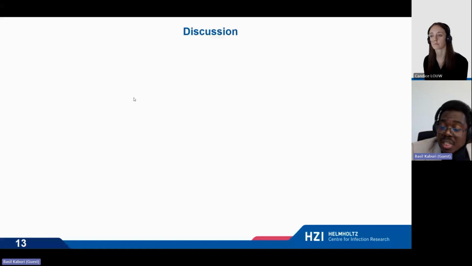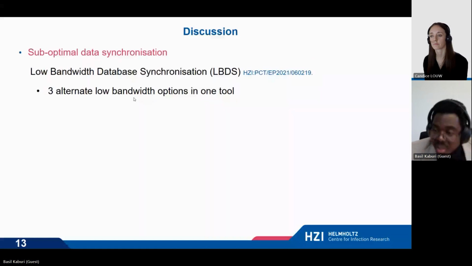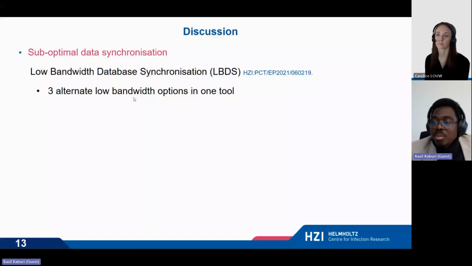The suboptimal data synchronization was a problem beyond the means of the Ghana Health Service, and to some extent even the government, to the extent that the ICT services are mostly private sector driven. And of course, the problem was not a very surprising one, because the ICT services in Africa are well known not to be optimal.